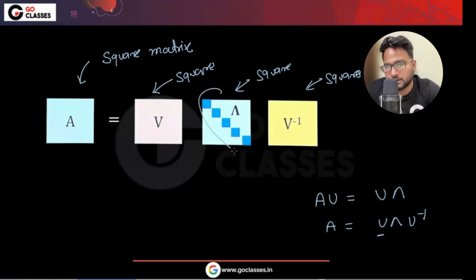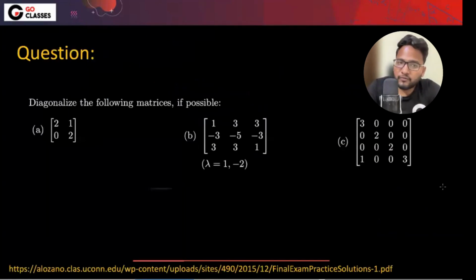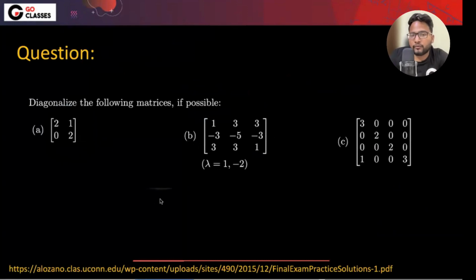First of all, we need to check whether this is diagonalizable. Do you remember how to check? Any matrix is diagonalizable if and only if it has n linearly independent eigenvectors, isn't it? So let's quickly check if you can find n linearly independent eigenvectors here.